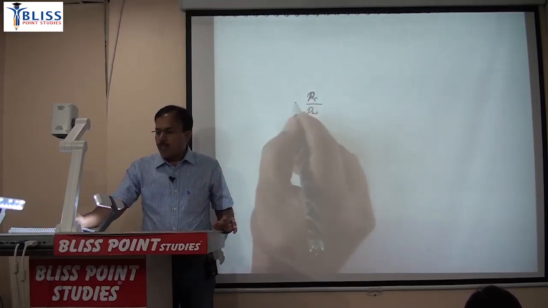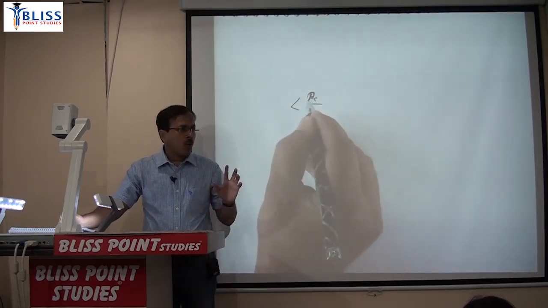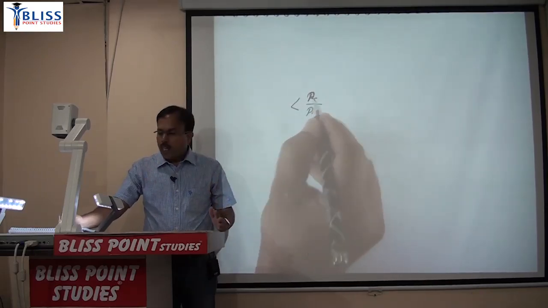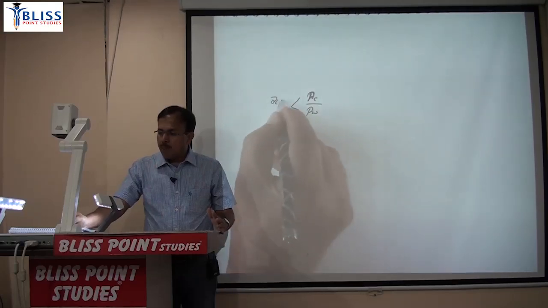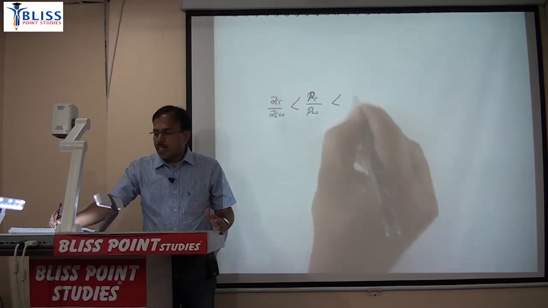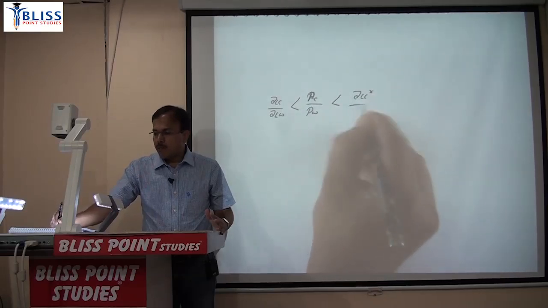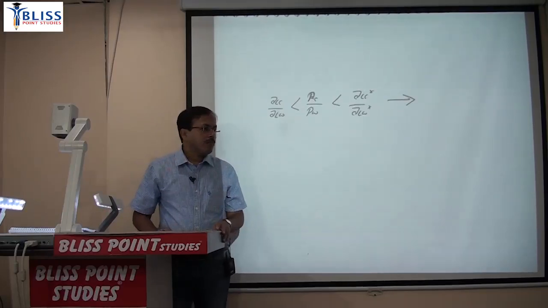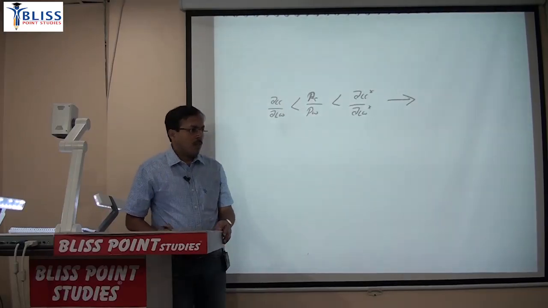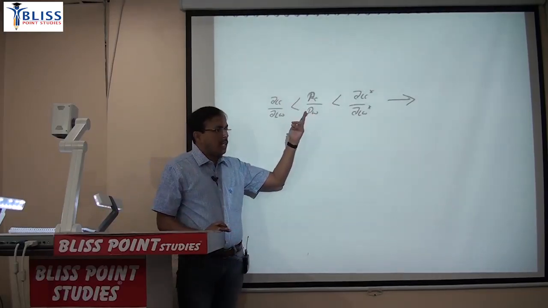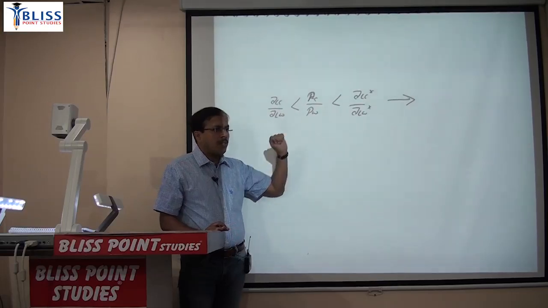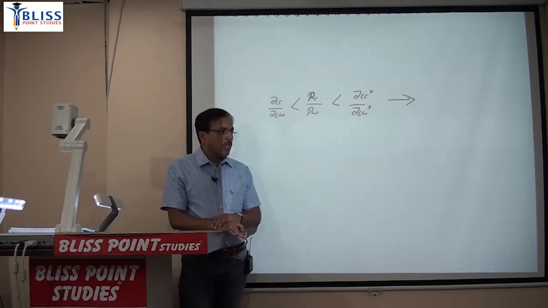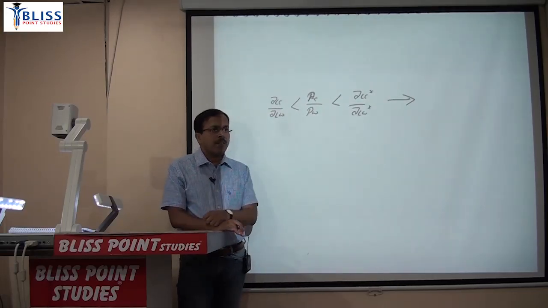If that value is greater than this number and less than this number, तो पैटर्न ऑफ ट्रेड क्या हो गया इसका? जो प्राइस आएगा वो इन दोनों के बीच का ही आना है, बिकॉज इन द एब्सेंस ऑफ ट्रेड वो इक्वल थे, ट्रेड के बाद तो इक्वलाइज हो जाएगा. सो इट विल बी समवेयर इन बिटवीन.